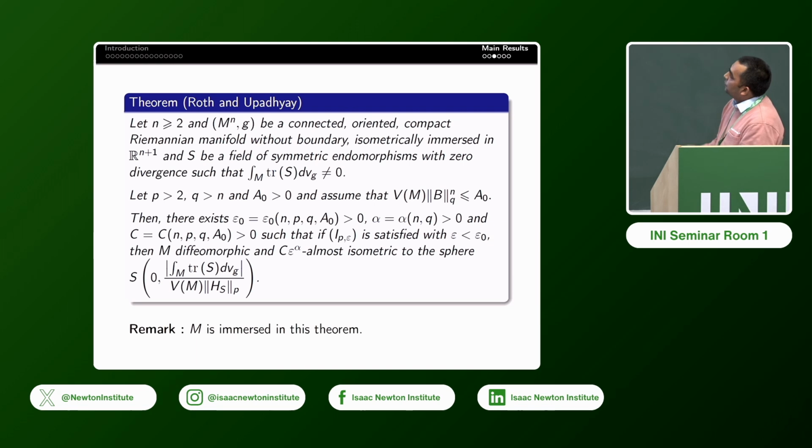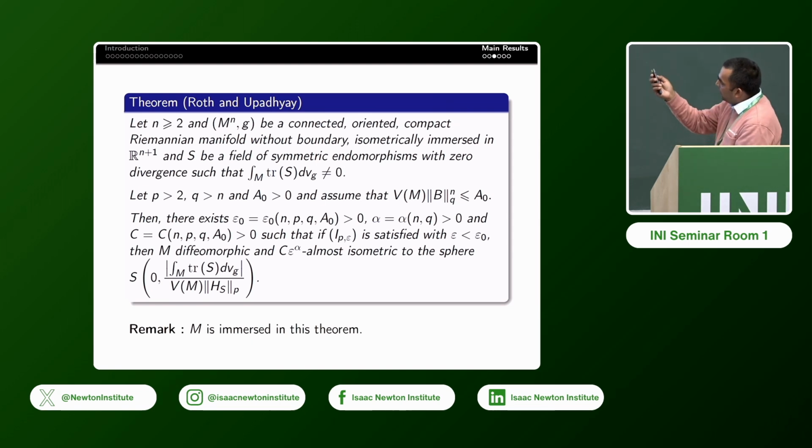Suppose n is greater than or equal to 2, and M is a connected oriented compact Riemannian manifold without boundary, isometrically immersed in Euclidean space, and S is any field of symmetric endomorphisms with zero divergence, because we want to ensure that the integral is not equal to 0. That is why we are considering zero divergence.